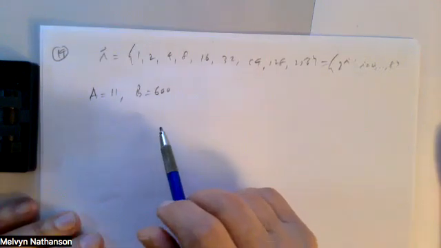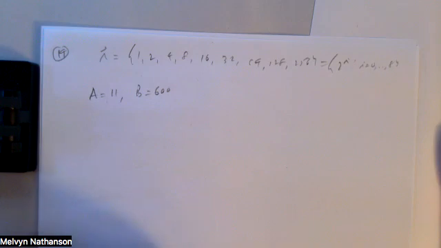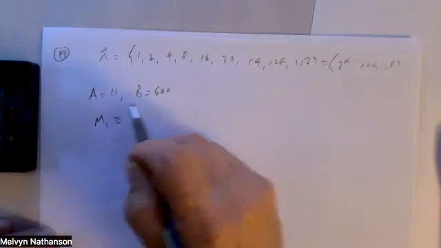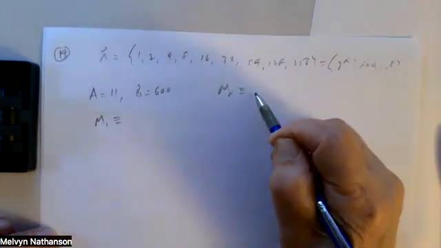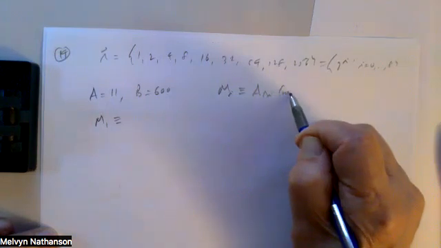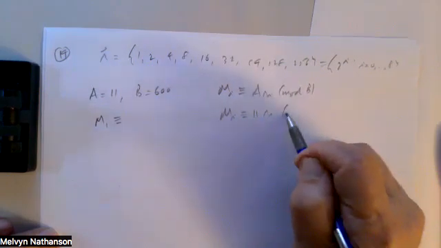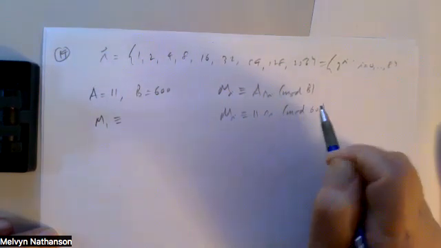So we want to compute the sequence of M's. There's a typo; this is really M going from 1 up to 9. Every M sub I is congruent to A R sub I mod B, so M sub I is congruent to 11 R sub I mod 600.